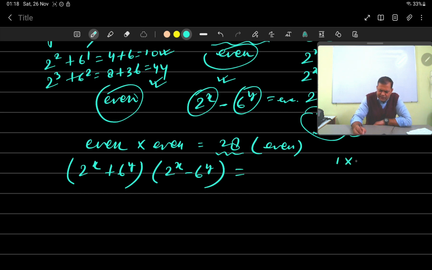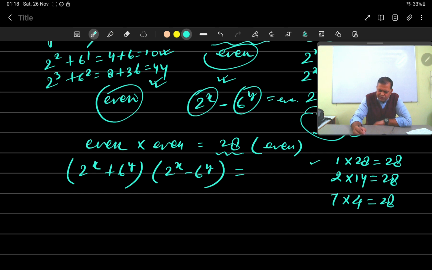The factors of 28 can be written as 1 into 28, that is 28, 2 into 14, that is 28, and 7 into 4, that is 28.